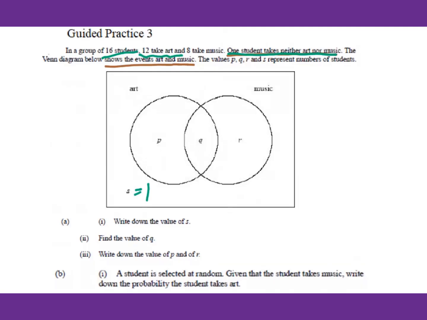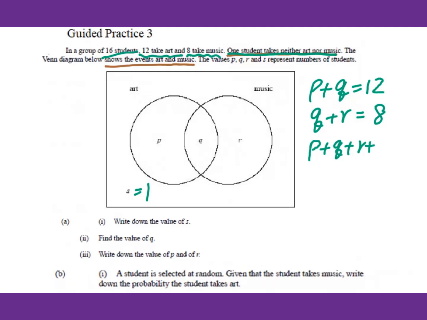12 take art. That means P plus Q equals 12. 8 take music. Q plus R equals 8. P plus Q plus R plus S equals 16. We already know S equals 1, so P plus Q plus R equals 15.